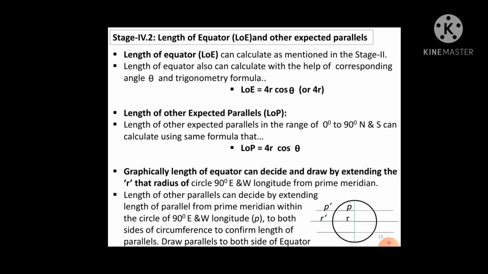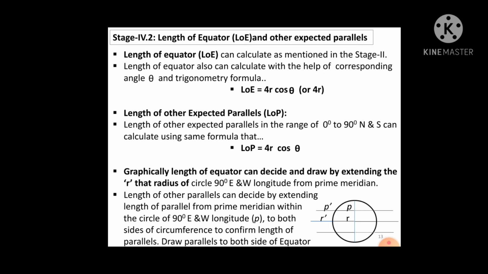Now 4R cos theta is equal to 4R because the equator's angle is 0 and cos 0 angle is 1. So if you multiply 1 by 4R, the answer will be the same. In this way you can find the length of the equator, right?